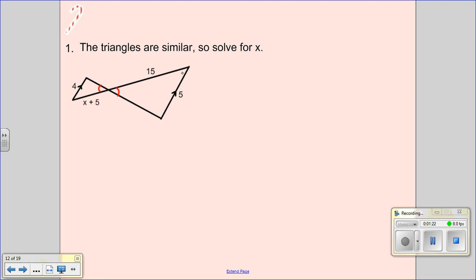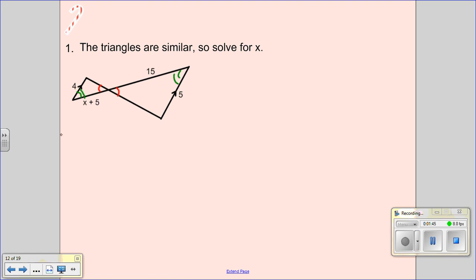So the alternate interior are the ones on the opposite sides of the line. So this one is alternate from this one. So this side with the 15 on it and the x plus 5, that is the transversal piece.